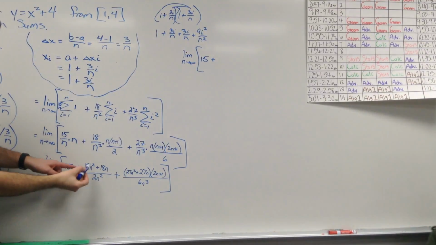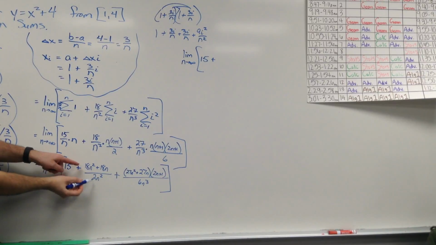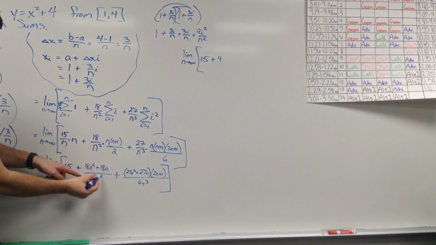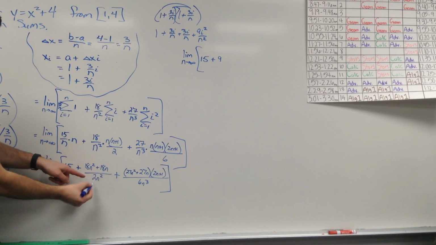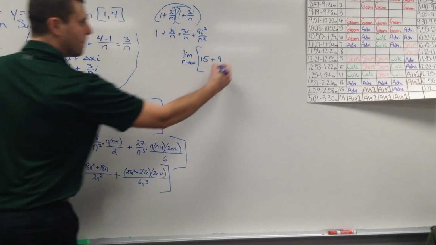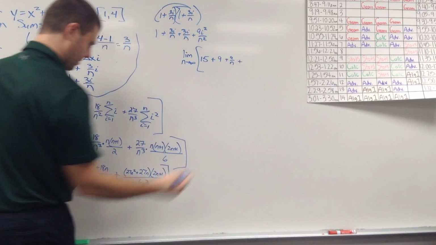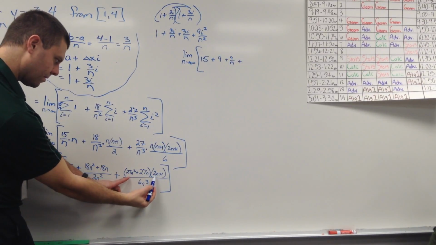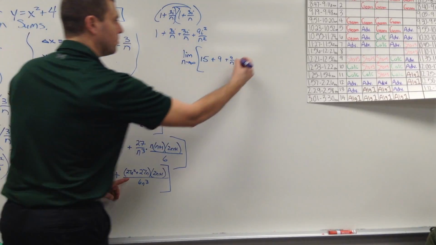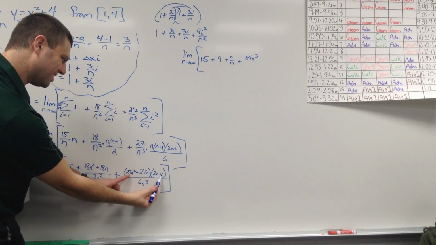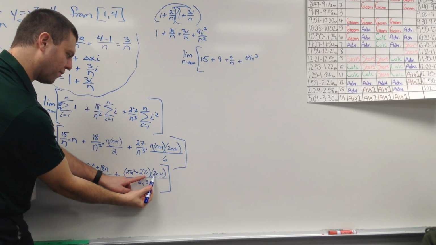I'm going to separate these. Using FOIL: 54n cubed plus 27n squared plus 27n squared plus 54n squared.